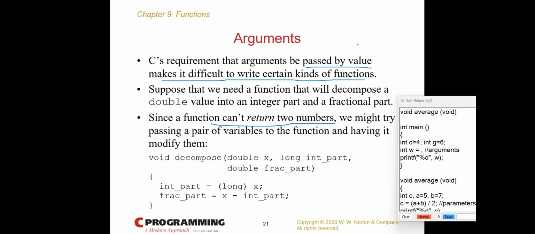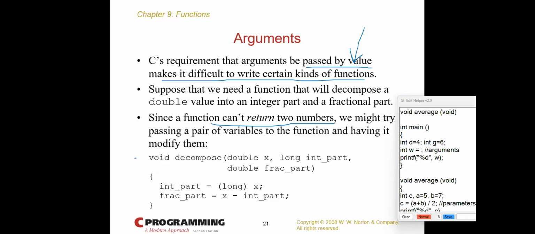And this is a disadvantage of pass by value, because we can't return the two, but we should be able to modify the two and somehow let the changes we made in the function affect the variables outside also. But this is normally not possible.